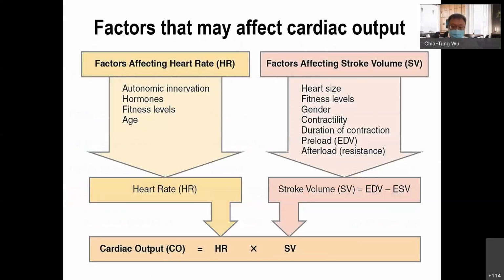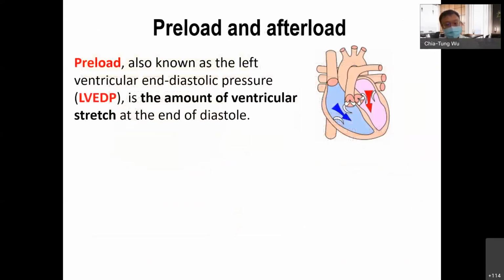And what are the factors that affect our stroke volume, our heart performance? Include the contractility, the preload, and afterload. These three factors are the important factors which affect our heart performance. Let me explain the preload and afterload here.